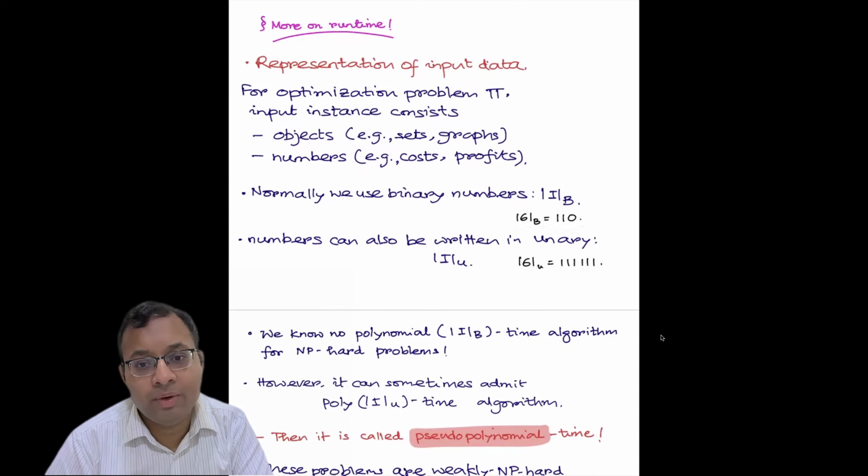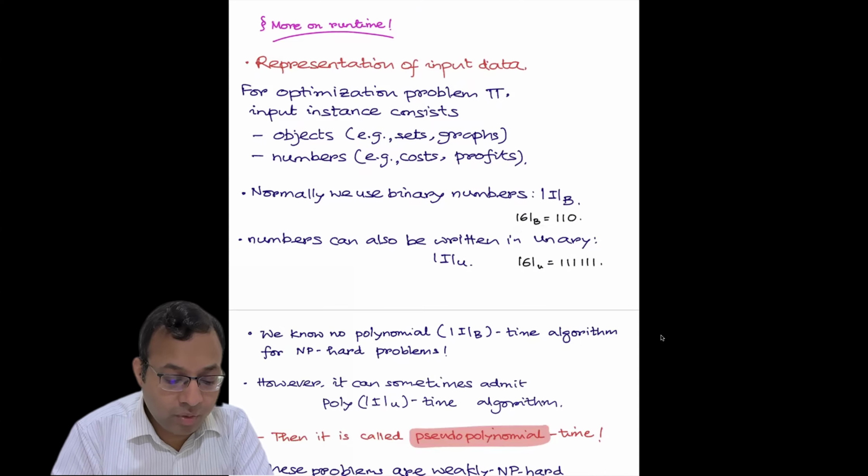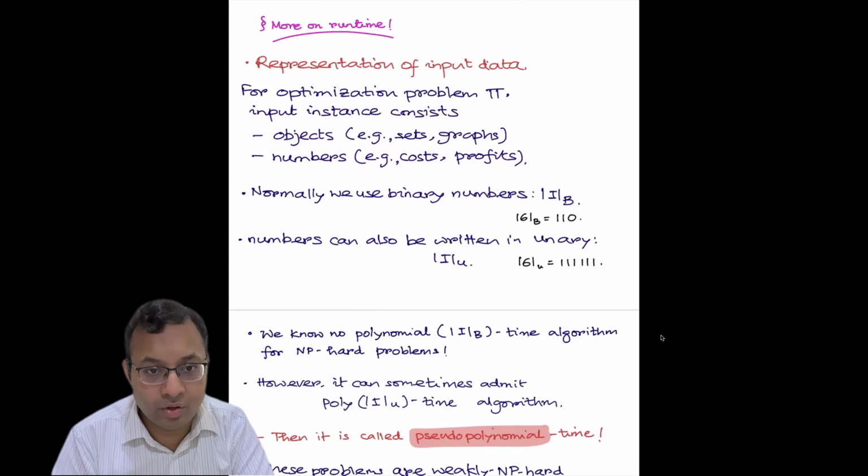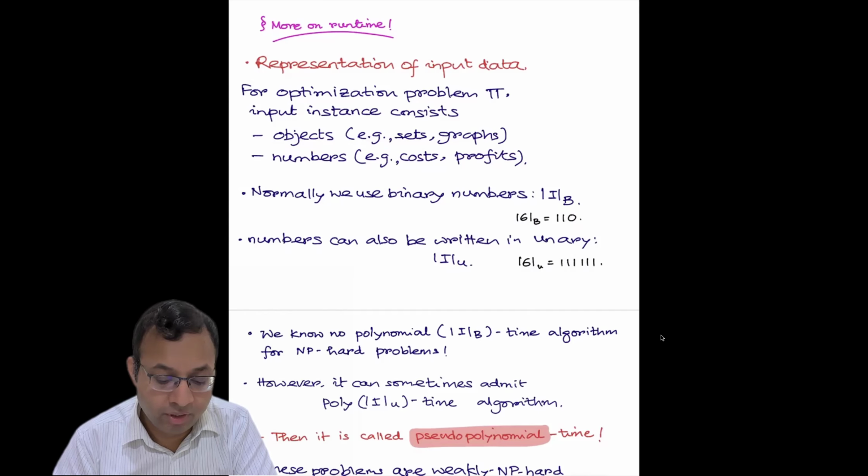But we can also write the numbers in unary. So the first objects are represented in binary always. I'm saying the second, numbers, we can either represent by binary or we can represent by unary. So in this case, for example, 6 will become 111111. By unary we mean you explicitly write digit by digit. So if the number is, let's say, x, you have x number of ones following each other.